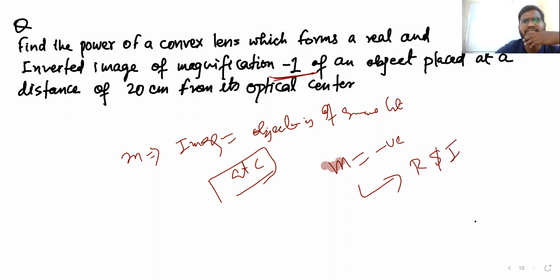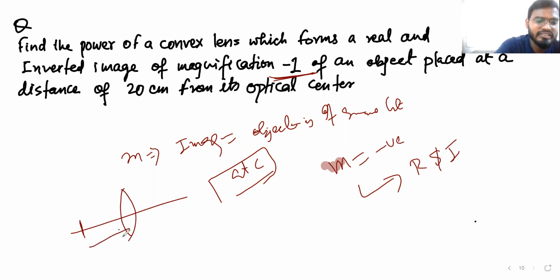The image is real and inverted with same size only in one case, that is a convex lens, with the object placed at the center of curvature.